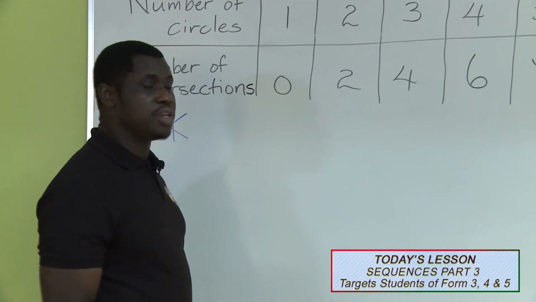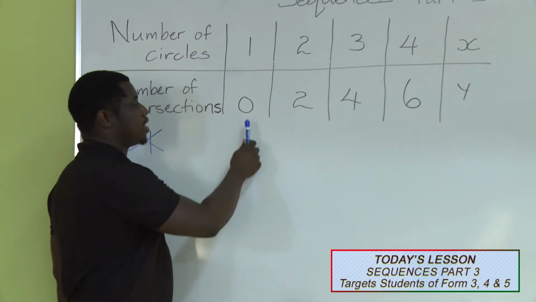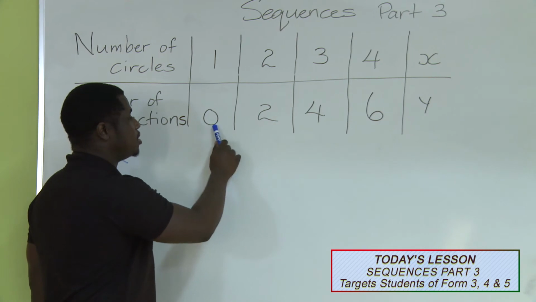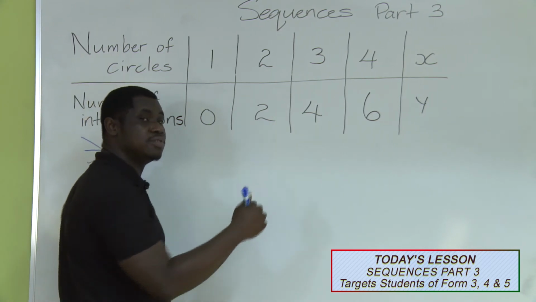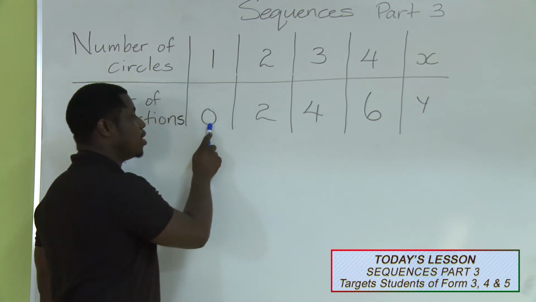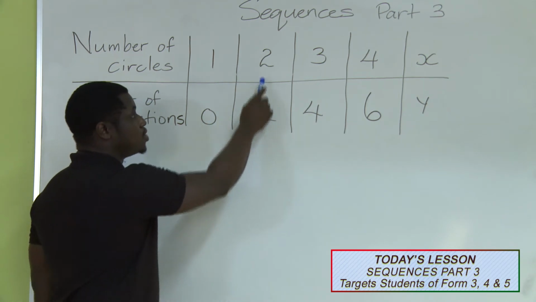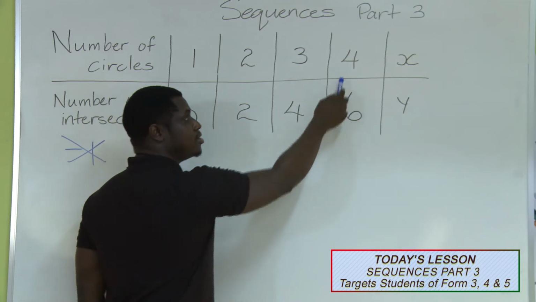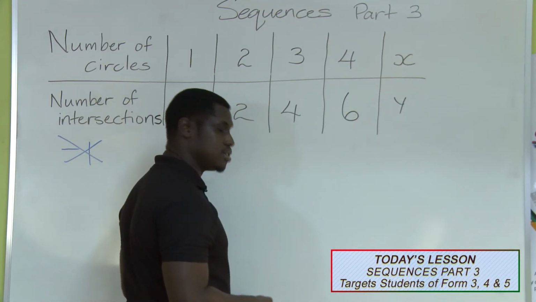So some persons may identify a pattern that as I increase the number of circles by 1, the number of intersections increases by 2. So when I had 1 circle, 0 intersections, 2 circles, 2 intersections, 3 circles, 4 intersections, 4 circles, 6 intersections.